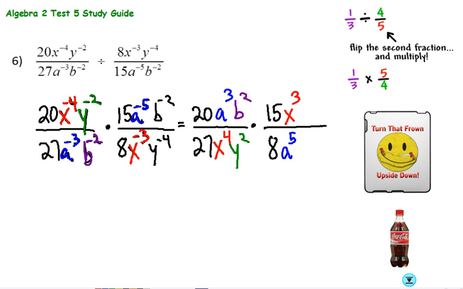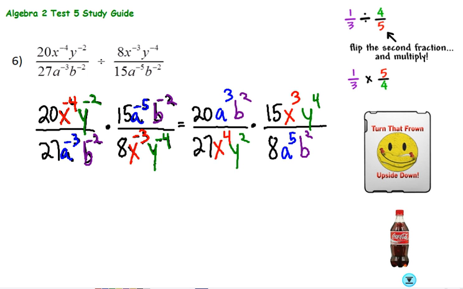And b to the negative 2 would become b to the positive 2. And then y to the negative 4, do we miss a color here? Oh, our y's are green. Y to the negative 4 would become y to the positive 4. Okay, so I've rewritten this multiplication. I've turned everybody's frown upside down. Now I think we're good.